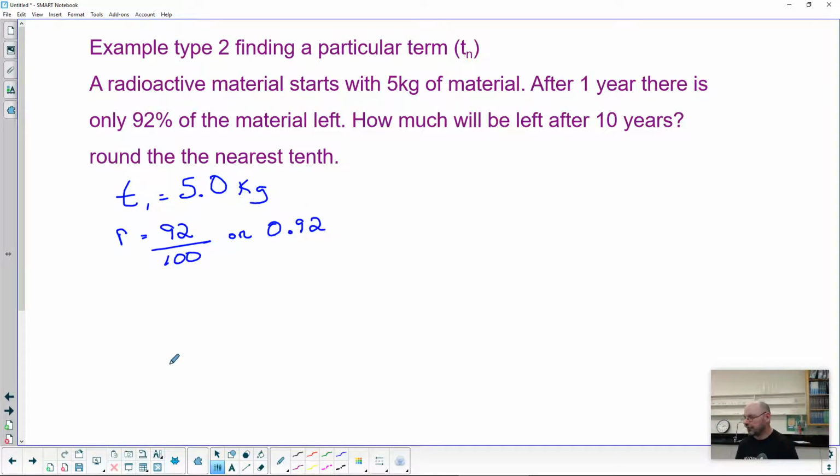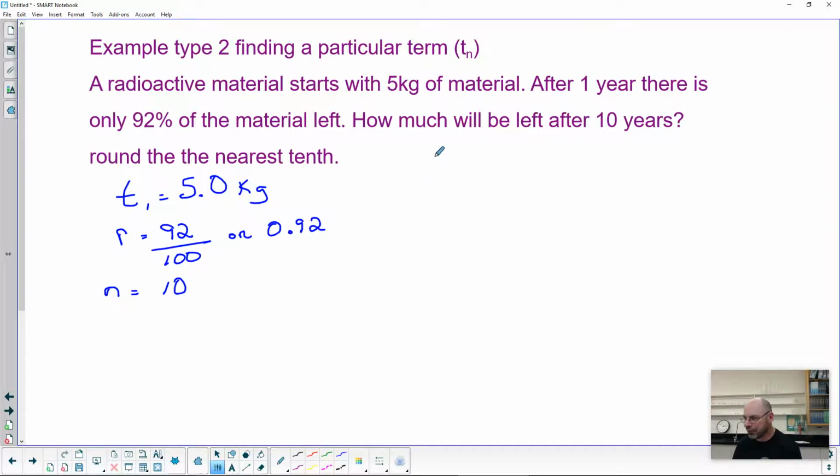Okay, so there is our common ratio based on the percentage. Then the n value: it says how much will be left after 10 years. So 10 years, the first year it's 5, second year it's something, third year it's something. So we're going to have 10 years of it sitting there. Let's write our formula out and do some calculation.